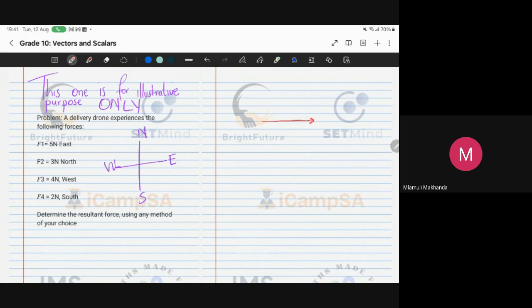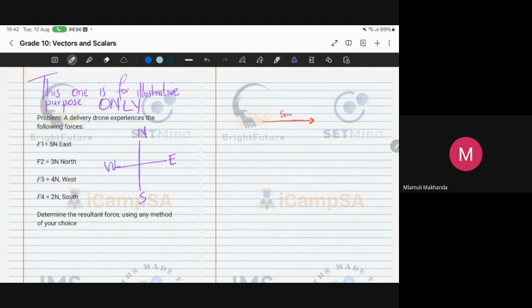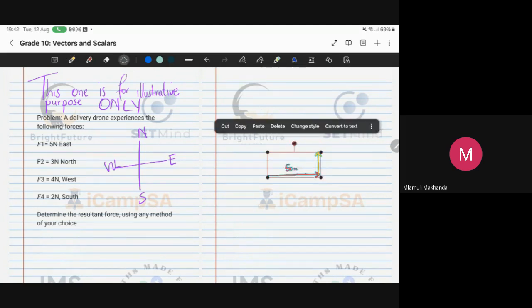Right, 5 newtons east. Oh, 3 newtons north, sorry. Let's use this guy. 3 newtons north would be something like this, right? That's your 3 newtons north.